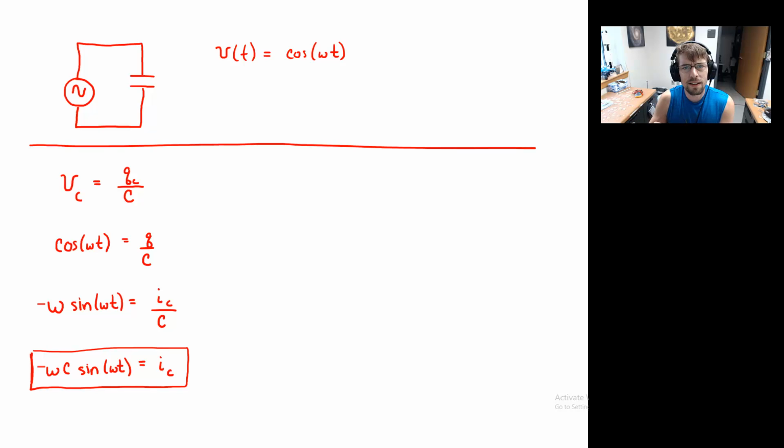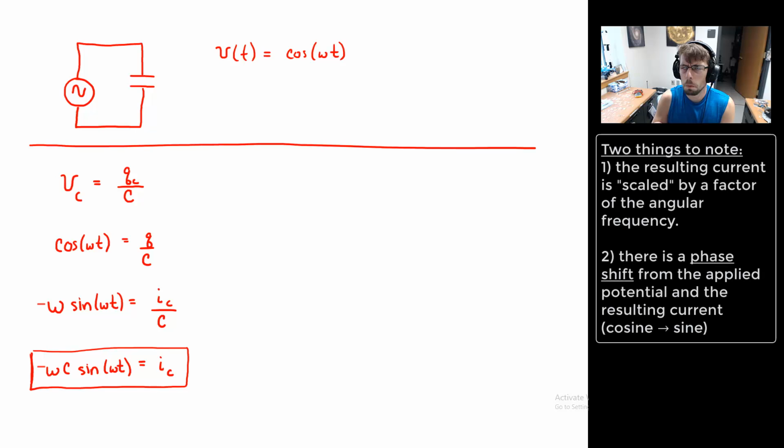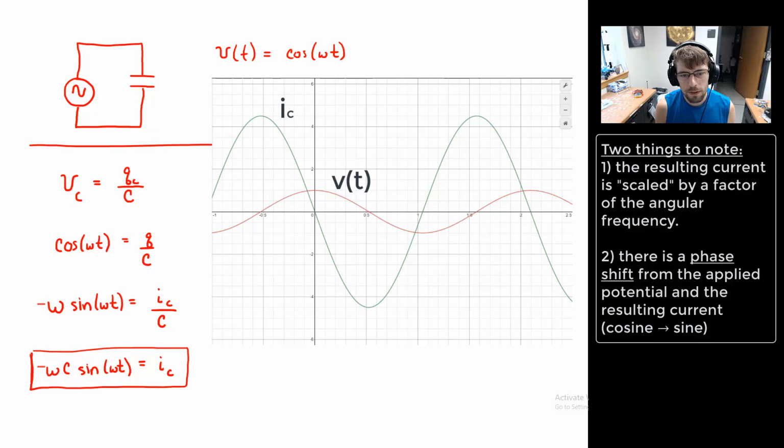And yet the current running through the capacitor goes like sine. That's kind of interesting, actually, right? If I were to plot as a function of time, that's good enough.